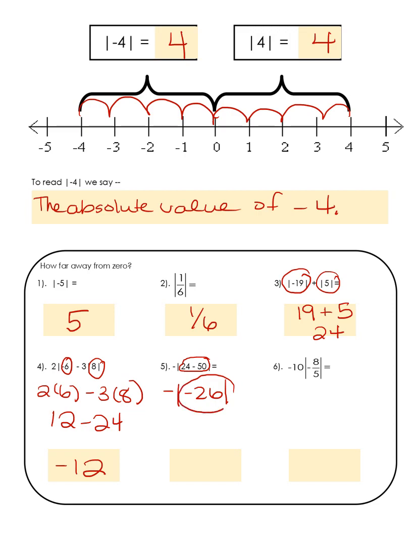The absolute value of -26 is 26. So our final answer is -26. Then our last one, we do the absolute value first. That would give you +8/5. And then when I multiply these two in Desmos, my final answer is -16.